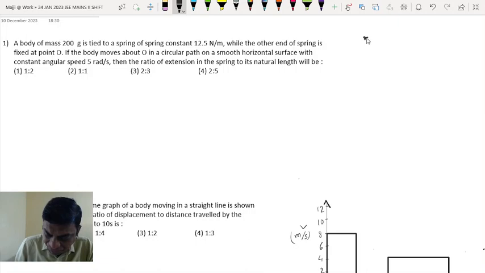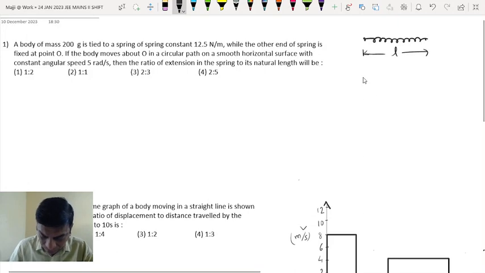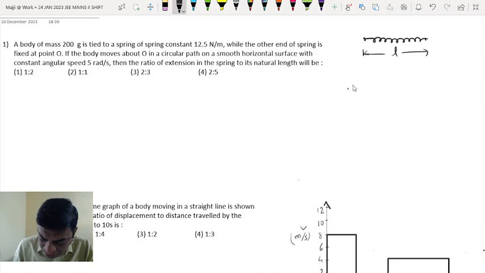Let us say that the original length of the spring is L. This is the original length of the spring. Now it is rotated. So while it starts rotating, naturally its length will be more, it will get extended. Let us say the extension is x.